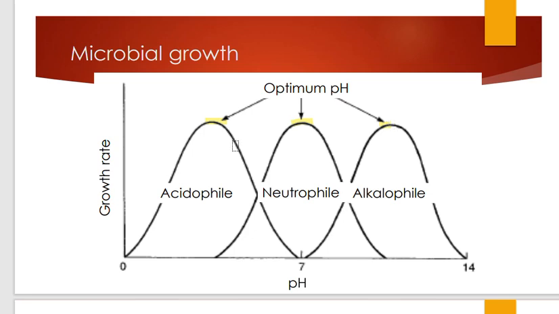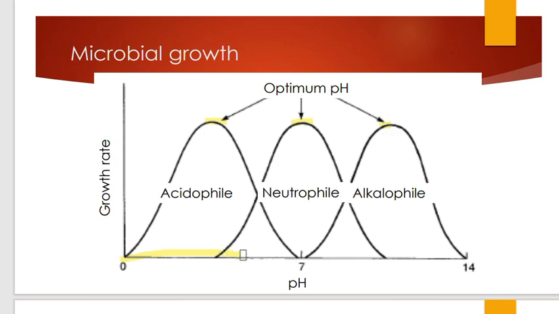Based on this optimal growth pH, we can separate the microbes into three groups: acidophiles, neutrophiles, as well as alkalophiles. Your acidophiles grow best at a pH below 5.